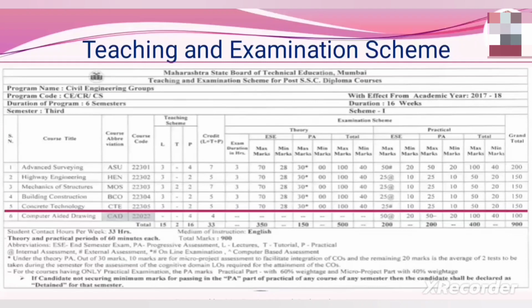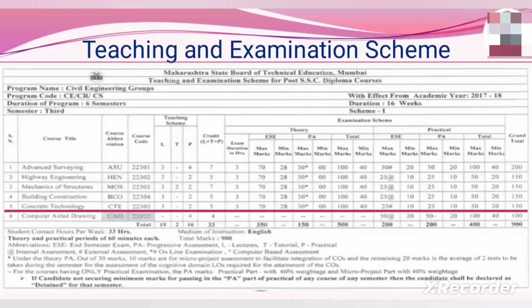After conducting both the class tests, we will take average of both these class tests and add micro project marks to it. Total 30 marks for theory progressive assessment. It becomes total theory marks as 100 marks.